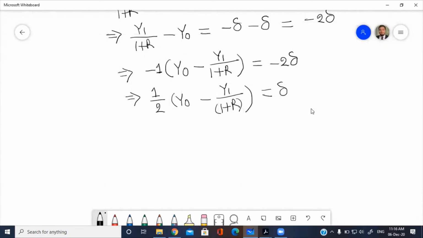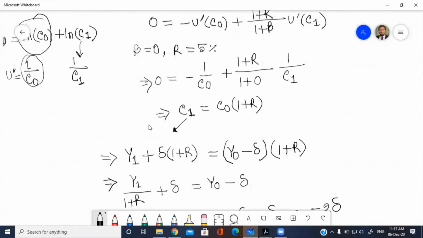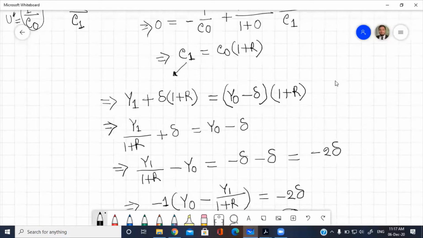Can you agree with me that this amount of savings delta, or this amount of borrowing, whatever it is, is the optimal amount of savings or borrowing we need to make to get the optimal consumption in both periods? Because we have come up with this savings equation from the first order condition. And from your calculus, you probably know that at the tangency point we reach the mathematical notation.